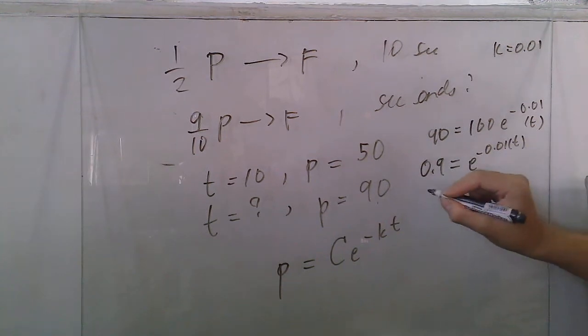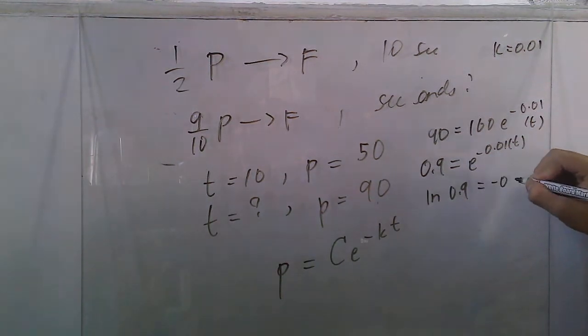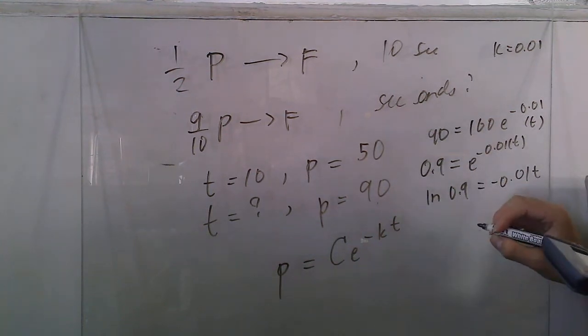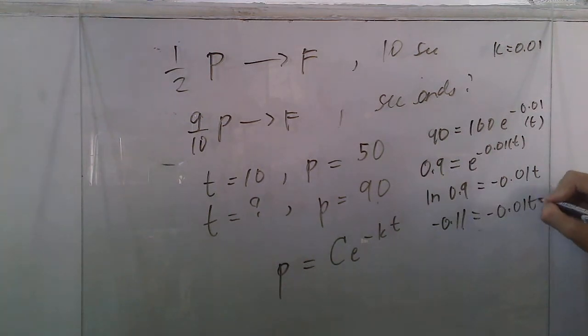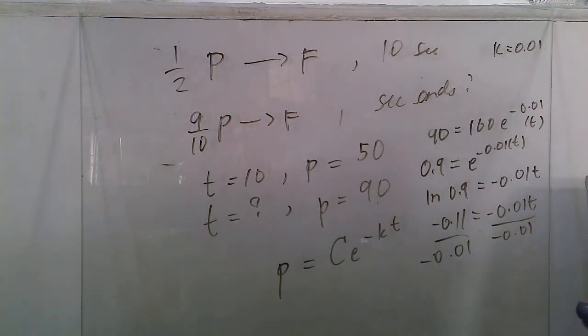Take the ln of both sides. The ln of 0.9 is negative 0.11, so negative 0.11 equals negative 0.01 t, divided by negative 0.01. 0.11 divided by 0.01 is 11.